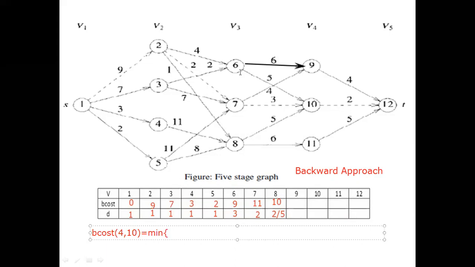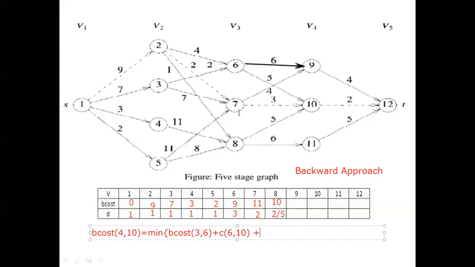How to get 6? B cost of 3, 6 plus C of 6, 10, comma.